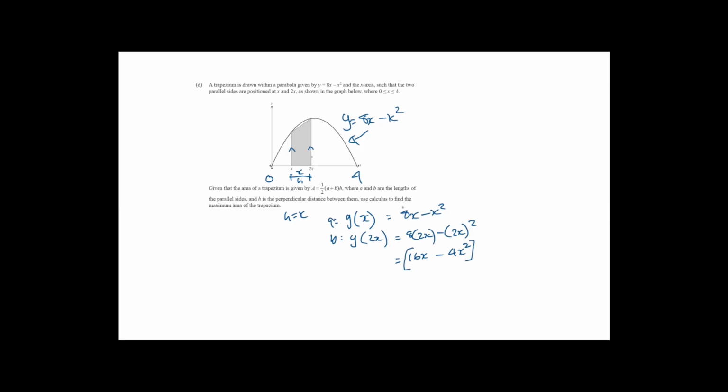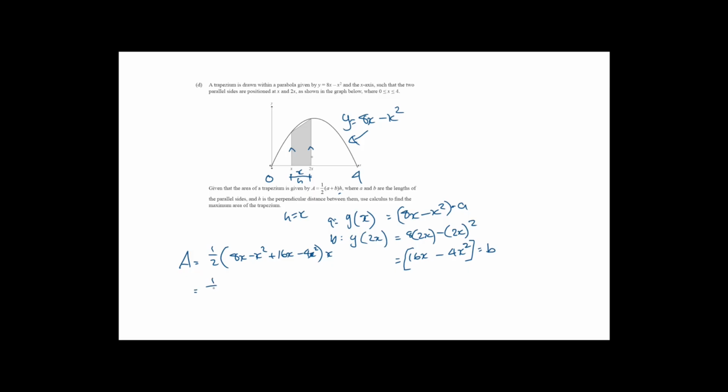So the area is half times (8x minus x squared plus 16x minus 4x squared) times x, because h is x. Now we have one equation with one variable, even though it's raised to a power.